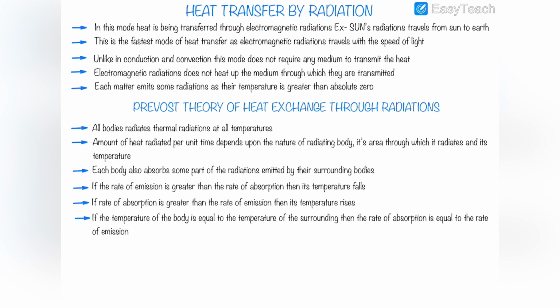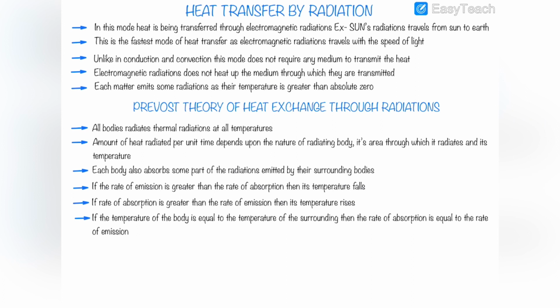The greater the area, the greater would be the radiations emitted, and also the temperature of the body. We know that when we are feeling sickness and a high temperature, we feel that our body is radiating some radiations, and some other person standing near us can also feel the heat radiated by our body.